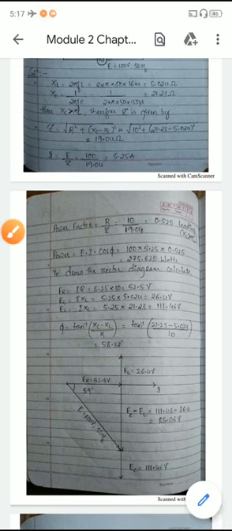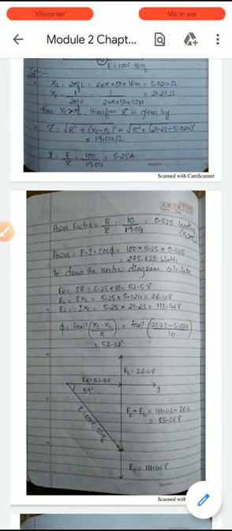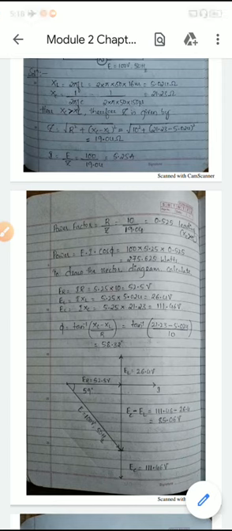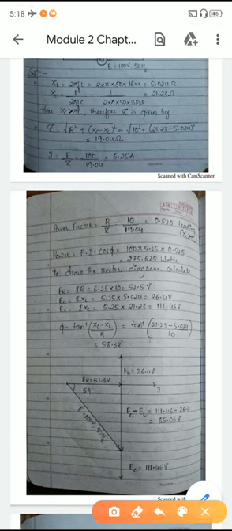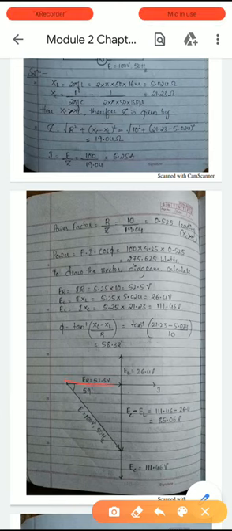So again we need to draw the vector diagram. See the values 52, 26 and 111. As all are near to decimal values, that is multiples of 10, we can take scale as 1 centimeter is equal to 10 volts. If that is the case, then IR will be drawn along the x-axis, 52.5, approximately 5 centimeter.